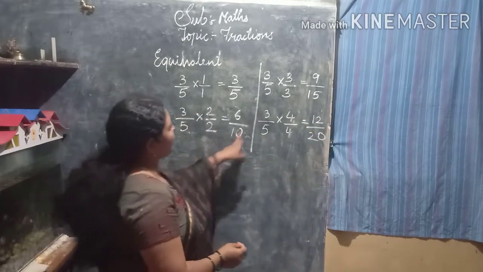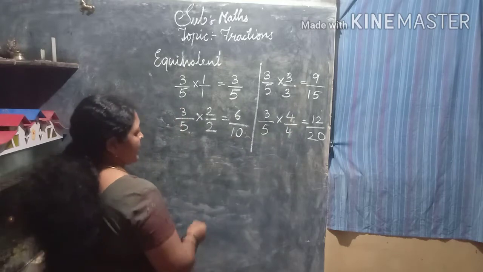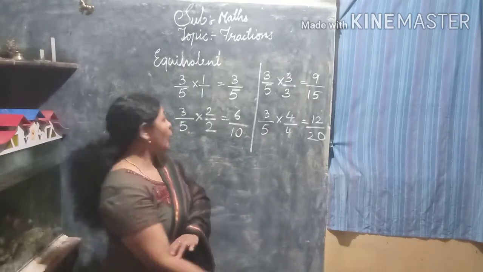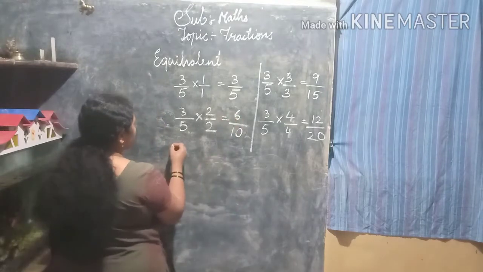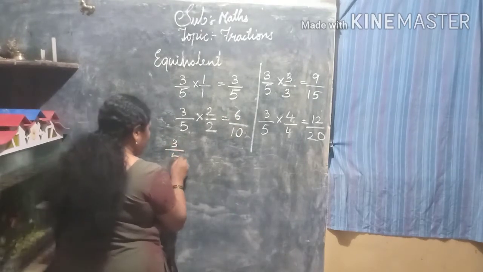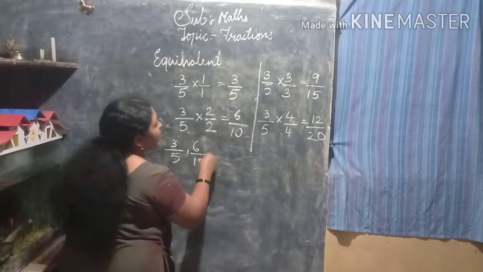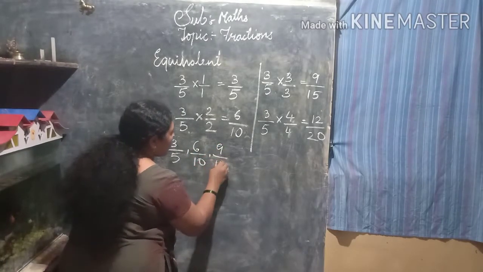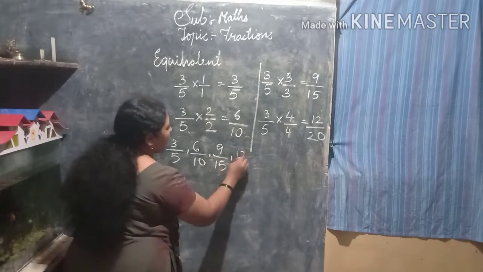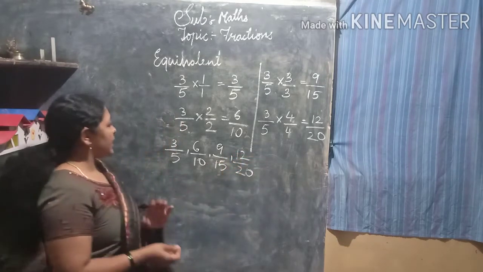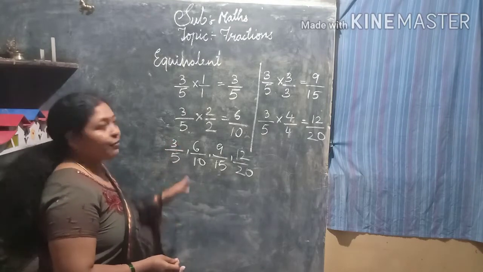So we have taken the first 3 numbers. If you want, you can go for 5, 6, minimum till 10. So what are the equivalents of 3/5? The equivalents of 3/5 are 6/10, 9/15 and 12/20.